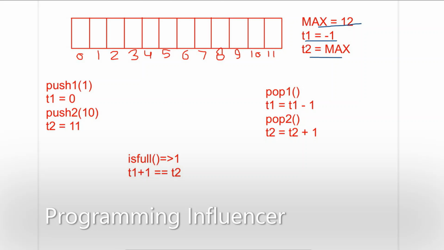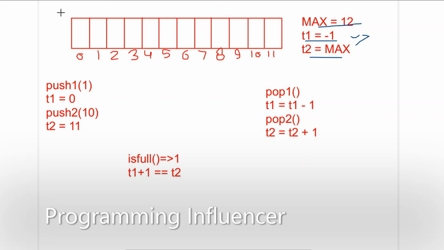These are the indexes of the two stacks. t1 is the index of the top element of stack 1, and t2 is the index of the top element of stack 2.